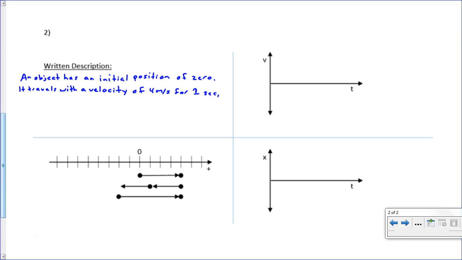And then you can see there it stops for a second. Then for 2 seconds it's traveling with a velocity of -3 meters per second.